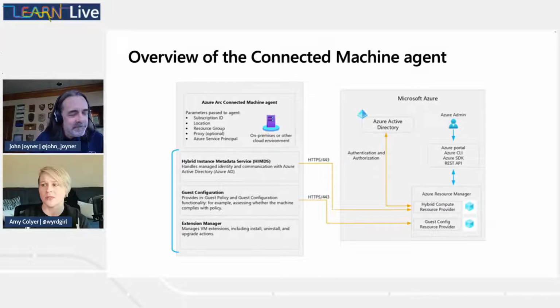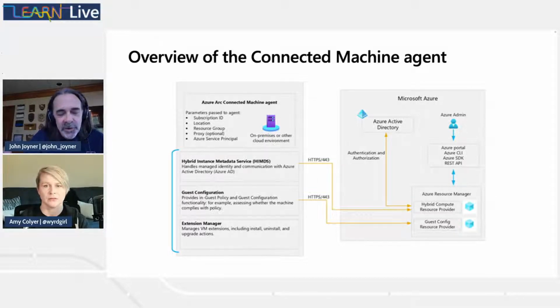It's nice to see which ports it's talking on, 443. This is again a drill down into those 3 services. Remember, we had the services started with the word Azure up at the top of our services list, which was the metadata instance that's actually talking to Azure as an Azure object. And then we had the 2 guest services, the guest configuration service and the guest extension manager.